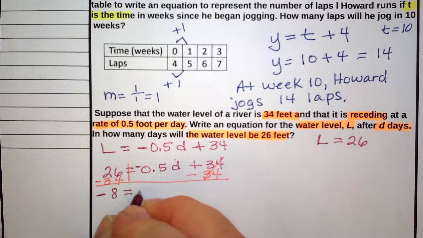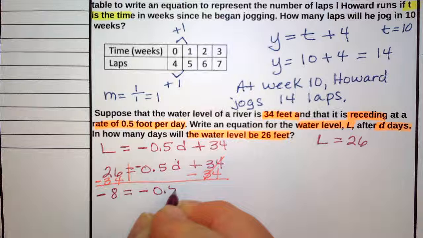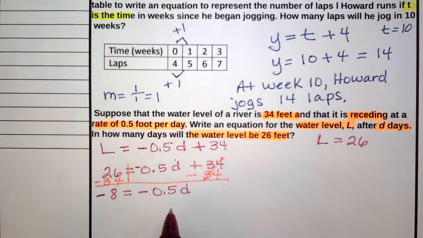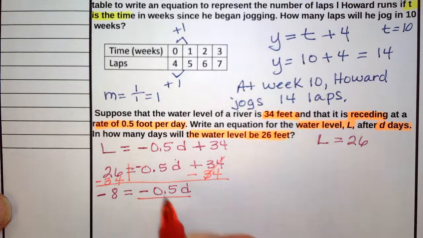Negative 8 is equal to negative 0.5 D. Now, if I change this into a fraction, I know that 0.5 is 1/2. So the reciprocal of negative 1/2 would be negative 2, and that's what I would be multiplying by. But I haven't done that, so I'm going to go ahead and divide by negative 0.5.